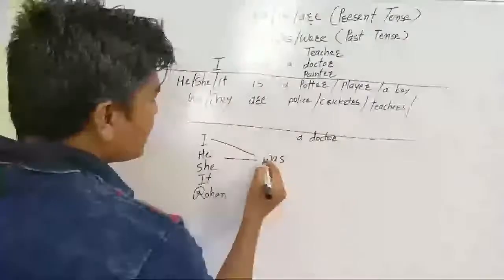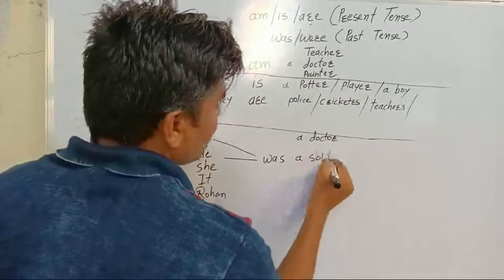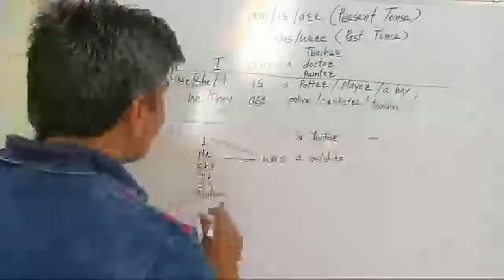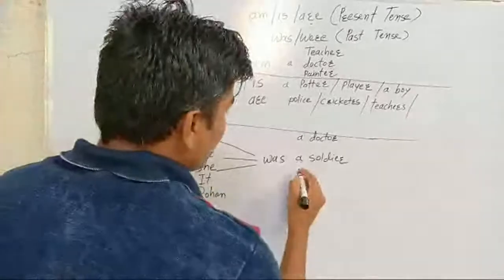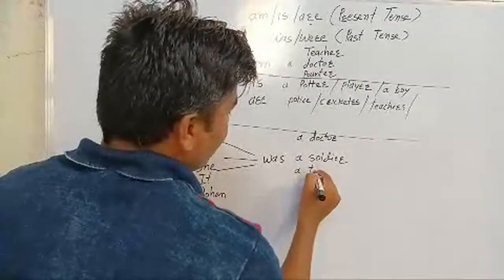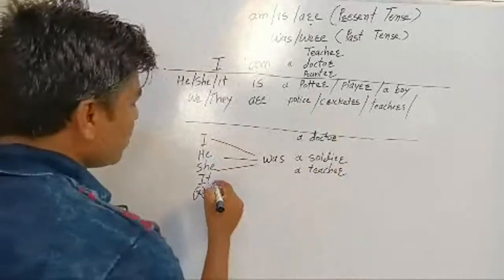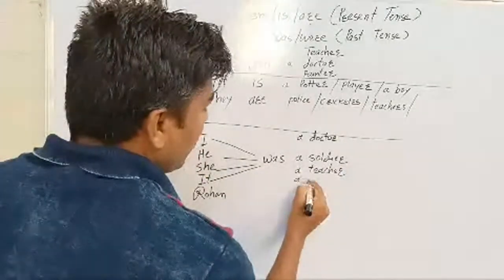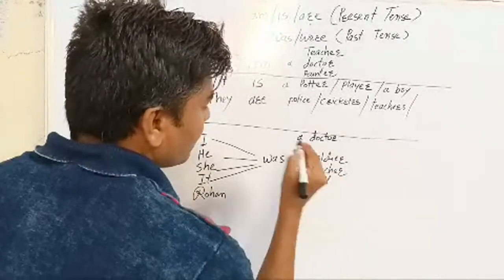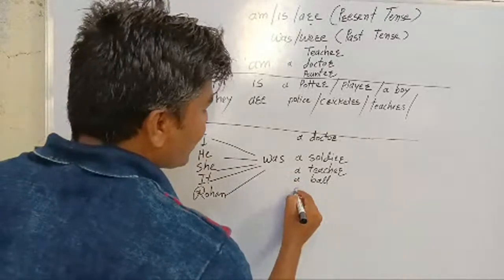Then he was a soldier. Then you can say she was a teacher. Then you can use it was a ball. Then Rohan was a student.